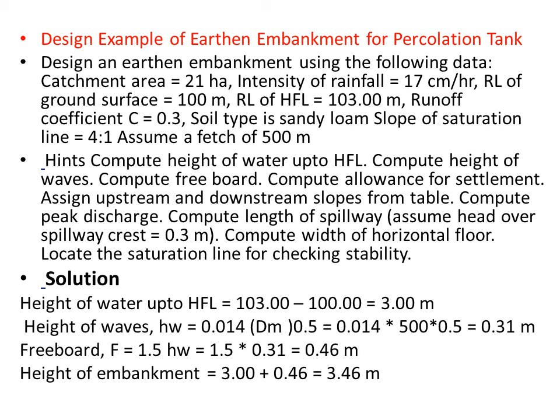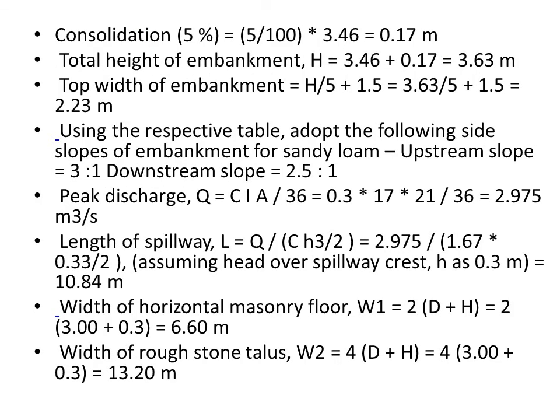Height of the waves, SW, is given by this formula, and it works out to be 0.31 meter. Freeboard, that is F equal to 1.5 into height of the wave, works out to 0.46 meter. The total height of the embankment including the freeboard is 3.46 meter. Considering the allowance for consolidation or settlement, taking it as 5% using machinery construction, it is about 0.17 meter.